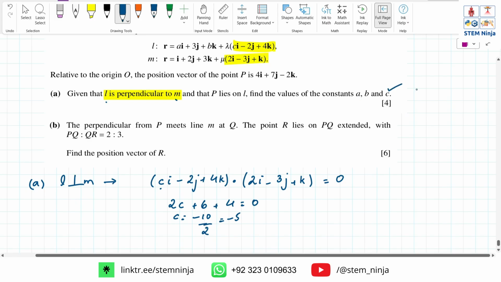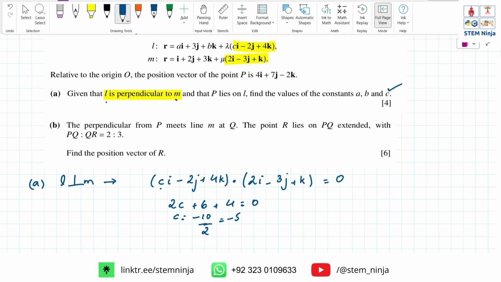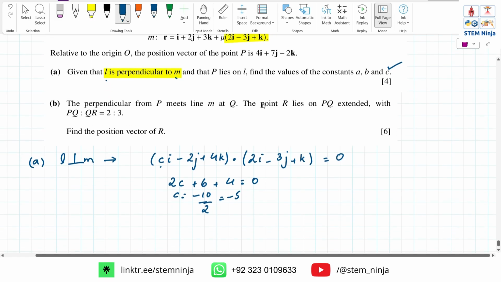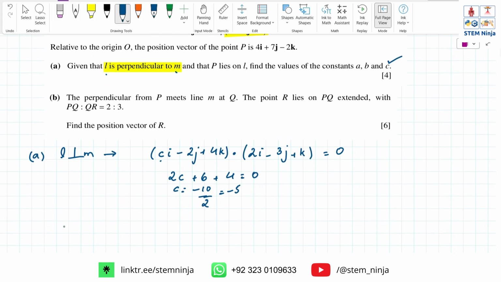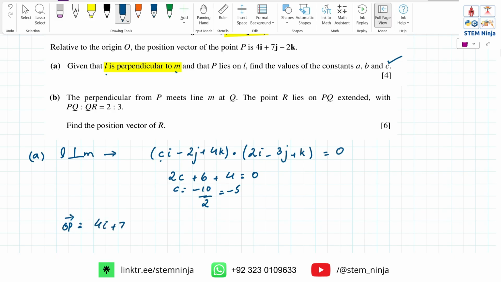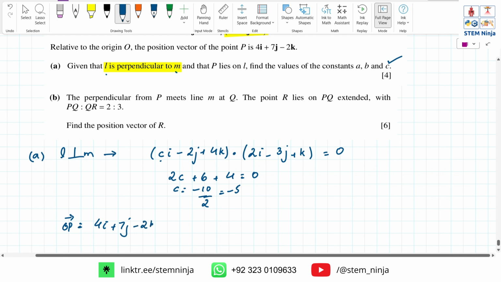So one constant done. Now only a and b are left. The position vector of the point P is given as OP equals 4i plus 7j minus 2k.